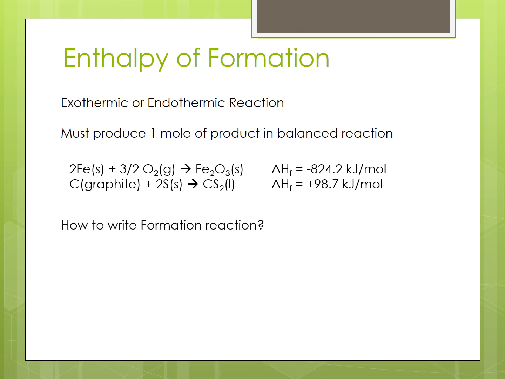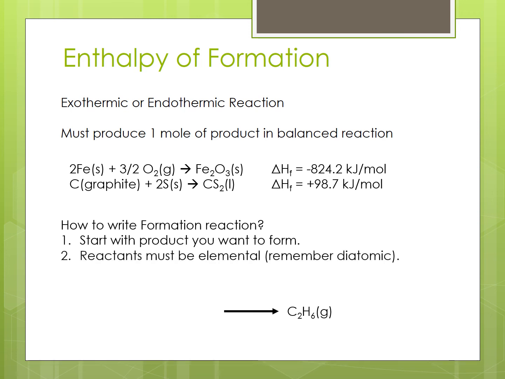So how do you write a formation reaction? 1, you start with the product you want to form. So they tell you, write a formation for C2H6, ethane gas. Okay, so you work backwards. So you have to find out what reactants are used to make C2H6.